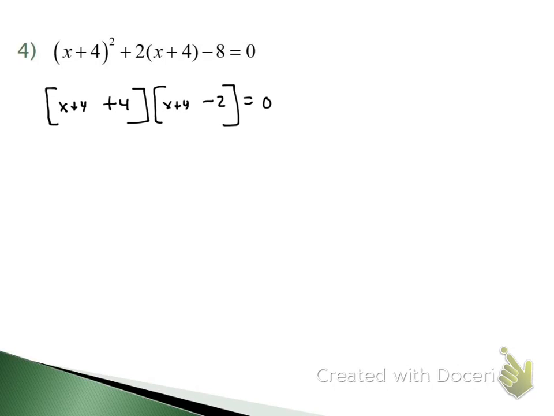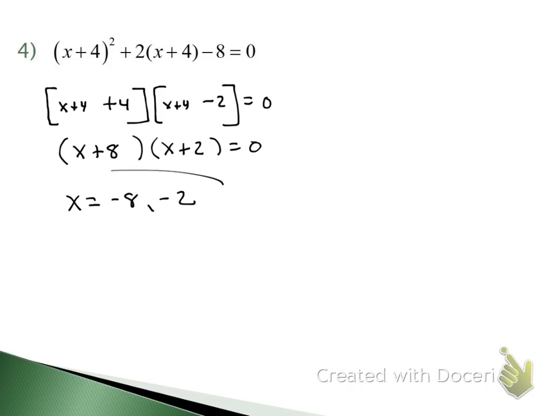Now you can simplify. Inside that bracket, x plus 4 is x plus 8. Inside our other bracket, x plus 4 minus 2 is x plus 2. Then we set each factor equal to 0, and we get x equals -8 and -2. Cool? Questions?